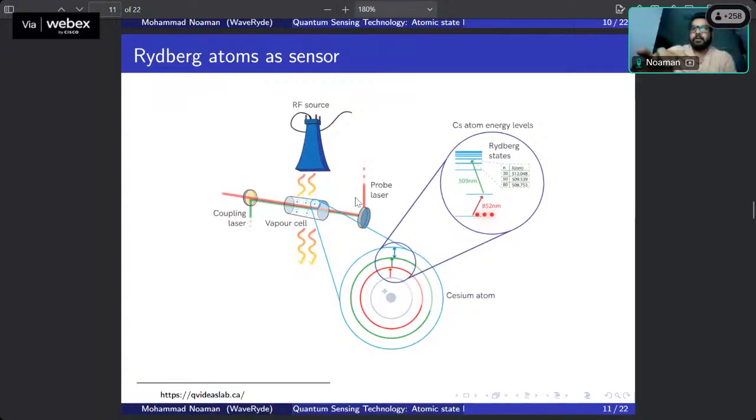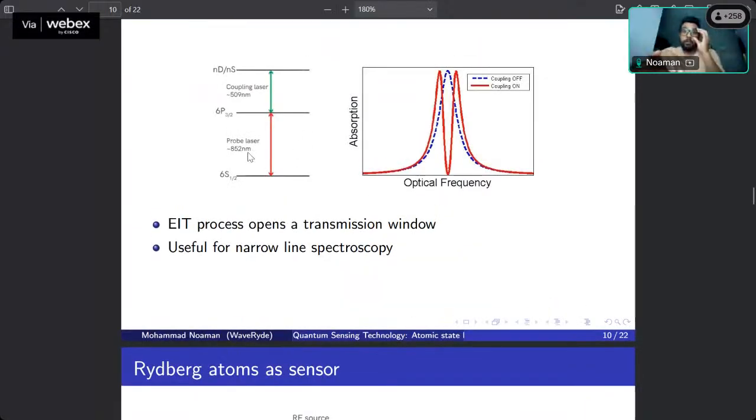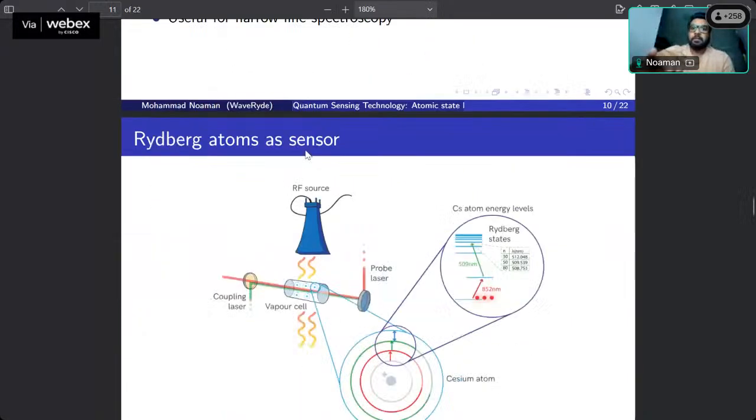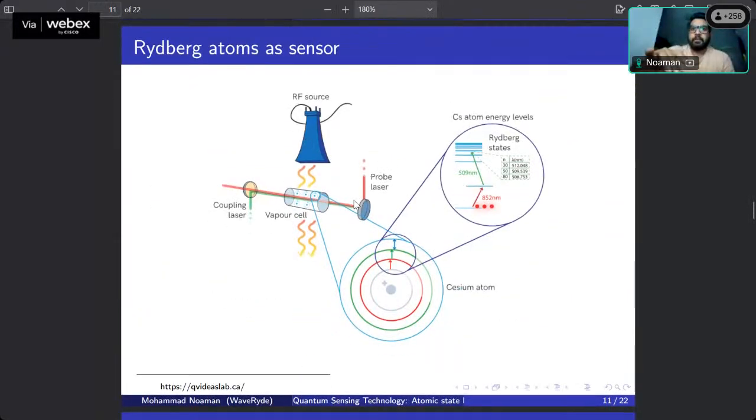One is infrared, 852 nanometer. You won't see it by eye unless it's very bright. The other looks very bright green. So you have this kind of configuration, and you look at the signal on the probe laser. That's the general setup.